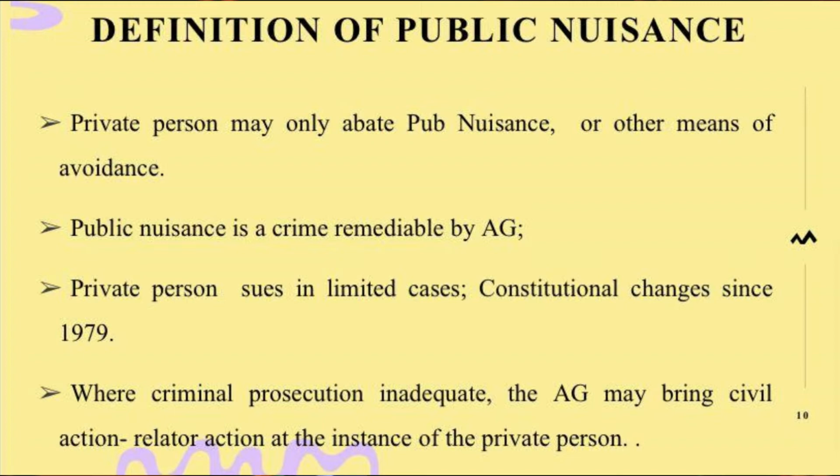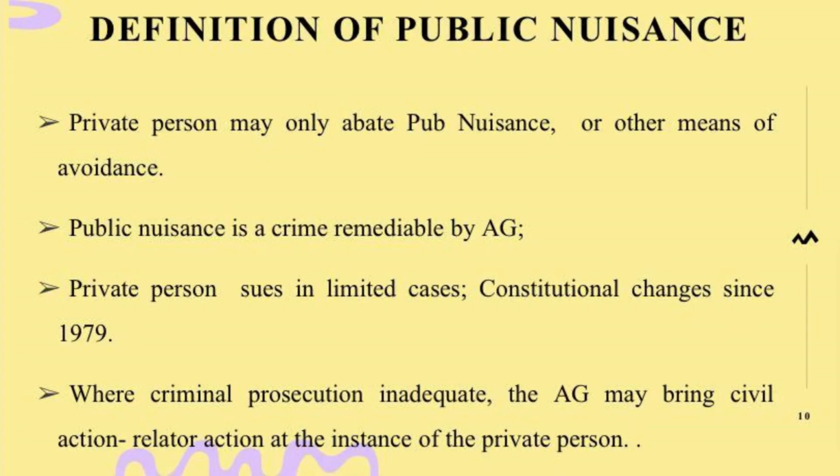And the rationale for this being a crime, and for making the Attorney General the person that has the power to come to court and remedy it, is the fact that because it affects a class of the society, if you allow everyone to sue, you have a multiplicity of suits. So it is fundamentally regarded as a crime.